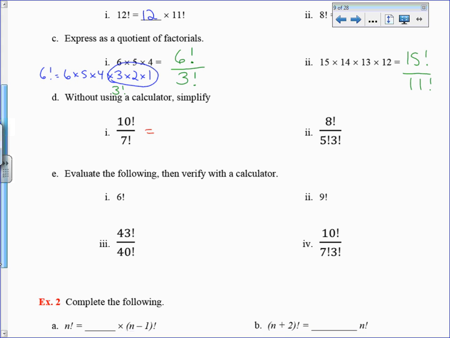So I can write this as 10 times 9 times 8 times 7 factorial divided by 7 factorial, which gives me 10 times 9, which is 90, times 8, which will give me 720. Do these cancel?